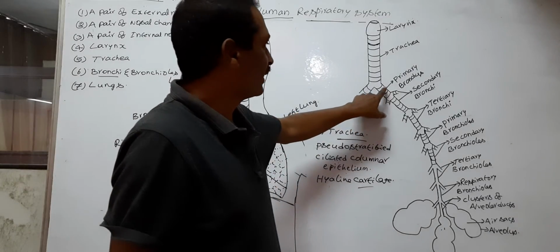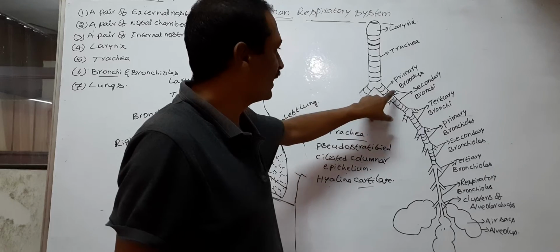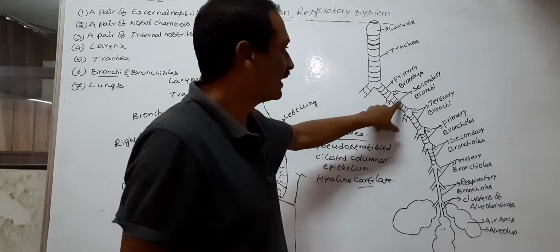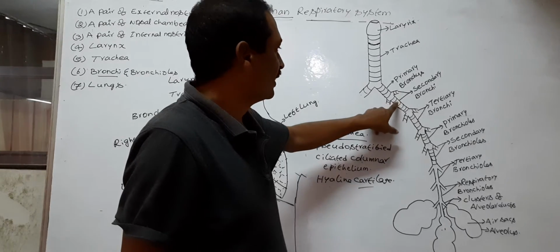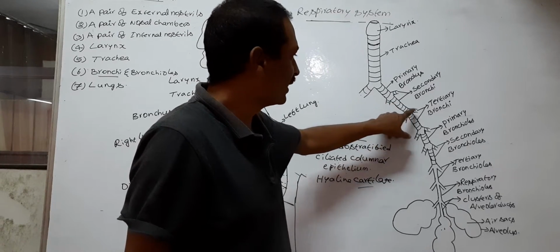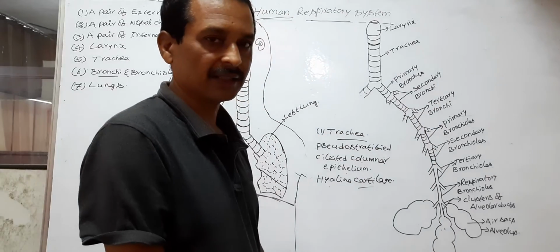Next, each primary bronchus divides into secondary bronchi. Next, the secondary bronchi divide into tertiary bronchi.